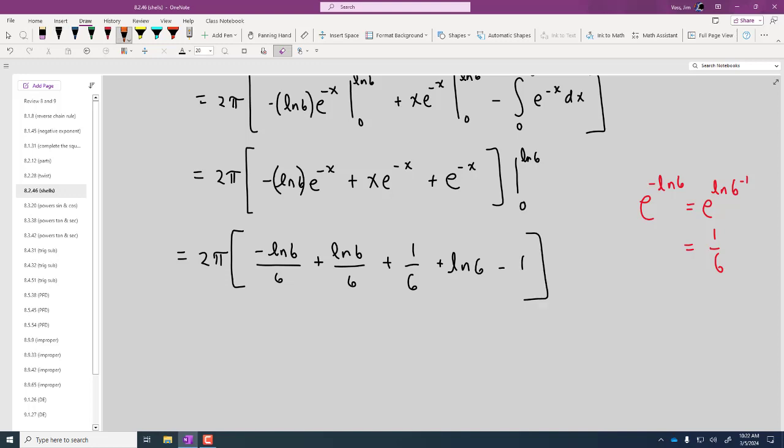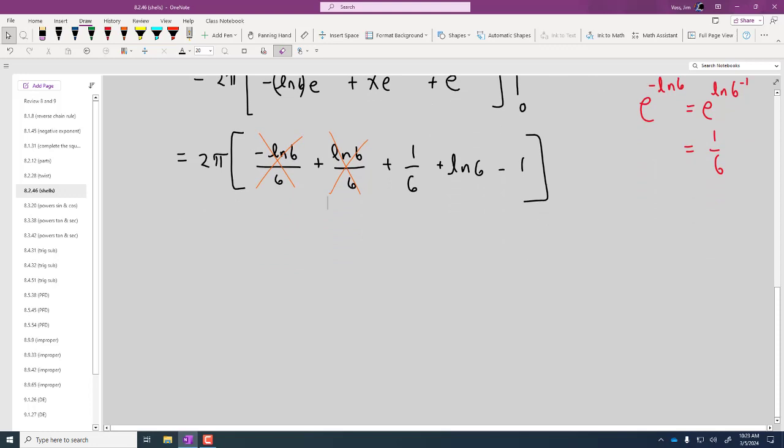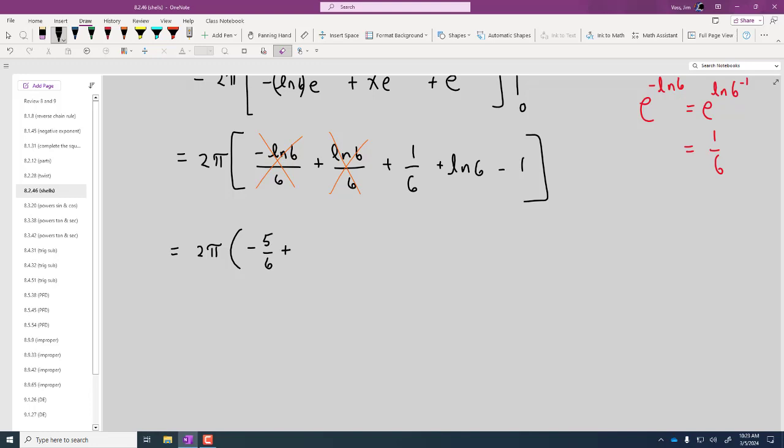So these guys wipe each other out. And the only thing left to do is combine those little constants. 1 over 6 minus 6 over 6 is -5 over 6, plus natural log of 6. Okay, there is a long-winded way to find the volume of that shape.